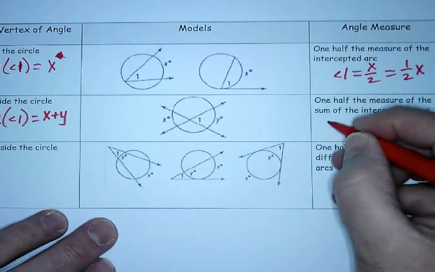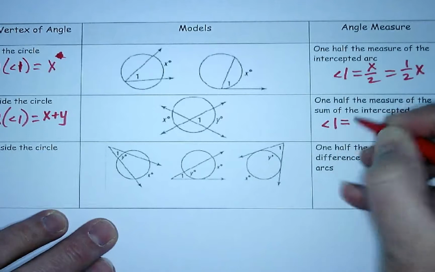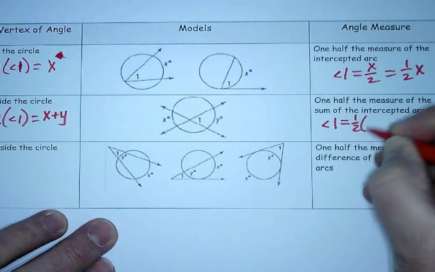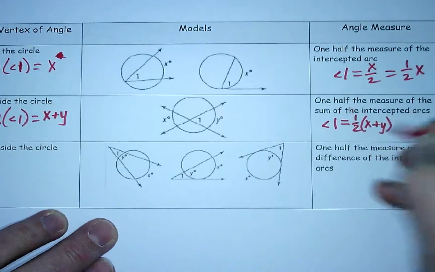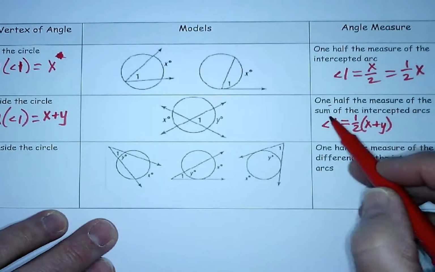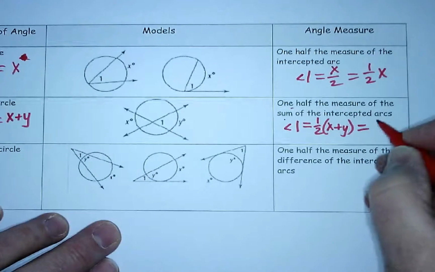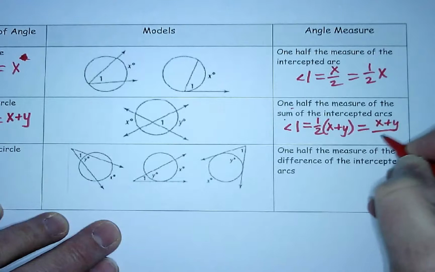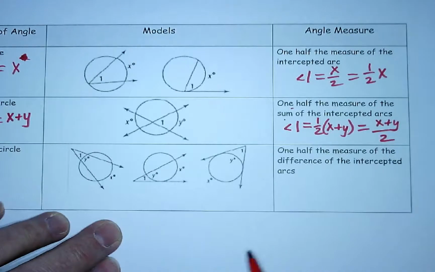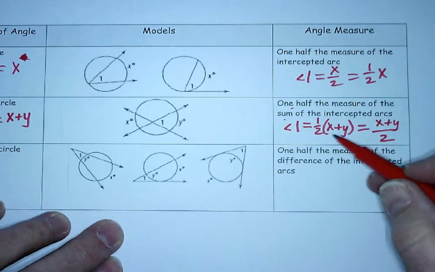Really the same thing, just another way of writing it. Angle 1 is going to equal 1/2 of x plus y. Right? 1/2 the measure of the sum of the intercepted arcs. Sometimes we just write it as x plus y divided by 2. I always like it this way because I don't have to worry about fractions then.